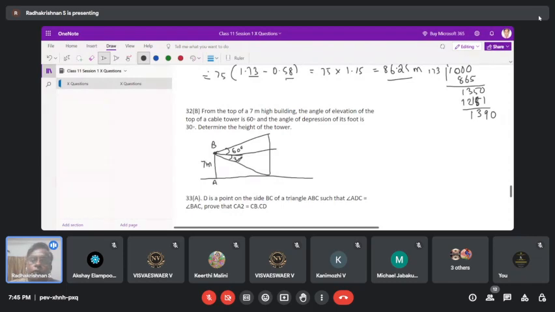So, by the same logic that we used in the previous problem, this is 30 degree. And this height is 7 meters. So, how to determine the height of the tower?